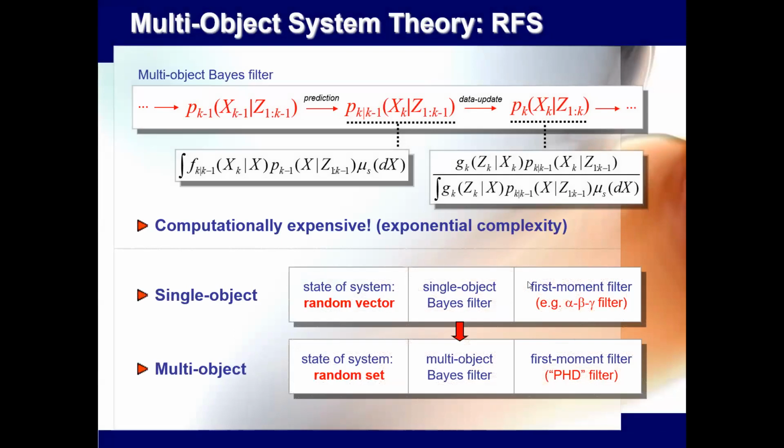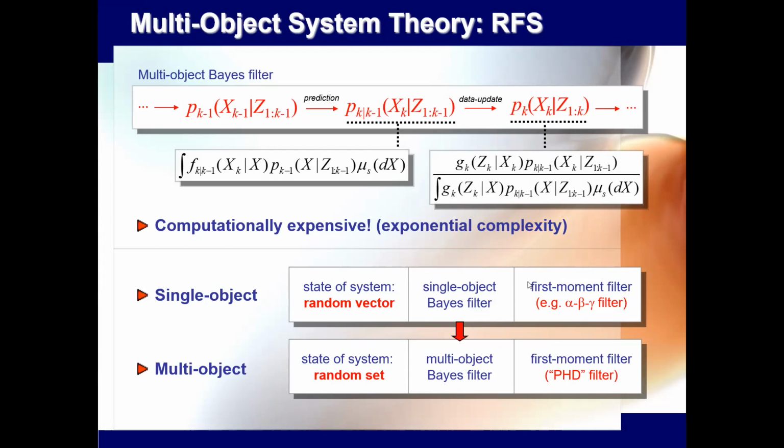So, if you have two models, multi-object motion and multi-object measurement model, you can again design the multi-object Bayes filter. Set is the conceptual solution, with prediction and data update.